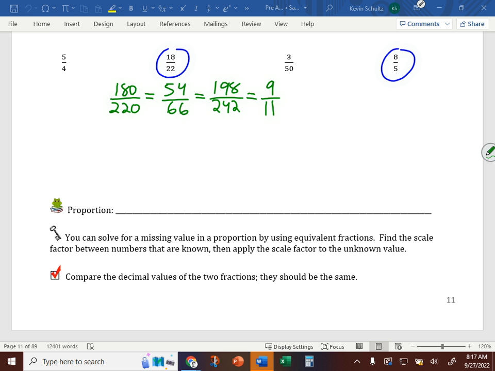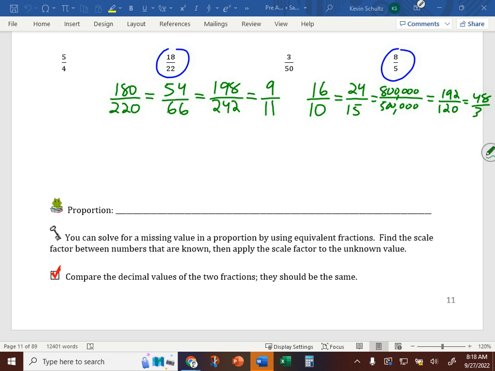8/5. Who wants to share what they did for 8/5? Nolan. 16/10. Double each of them. Perfect. Who else? Gregory. 24/15. Multiply each by 3. Fantastic. Excellent, equivalent fractions. 192/120. 48/30.